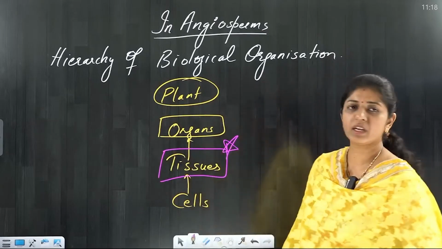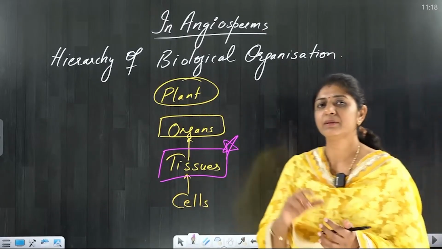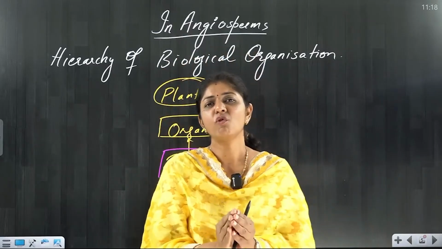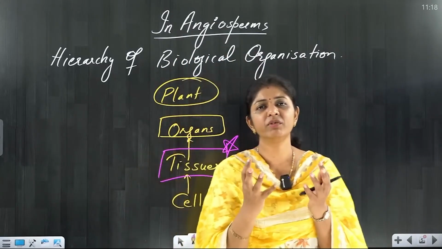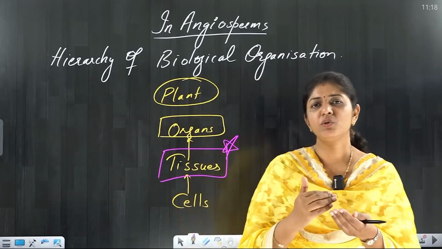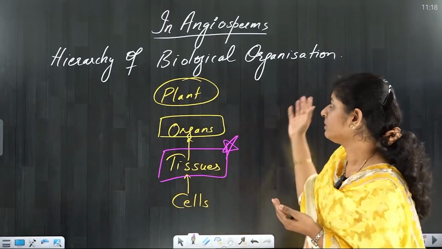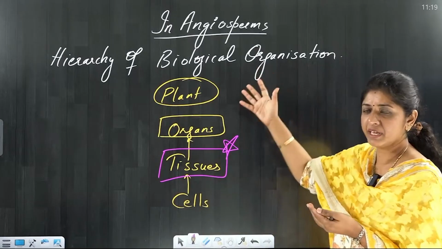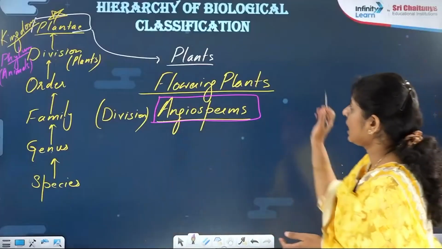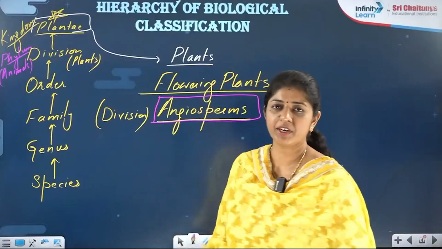So today we have to discuss the tissue level of organization. Cell is like a brick. Like brick by brick you are making a wall, and that wall you call the tissue level, right? So do remember this point. The basic unit of the biological organization starts from the cell, but don't confuse it with the hierarchy of biological classification.